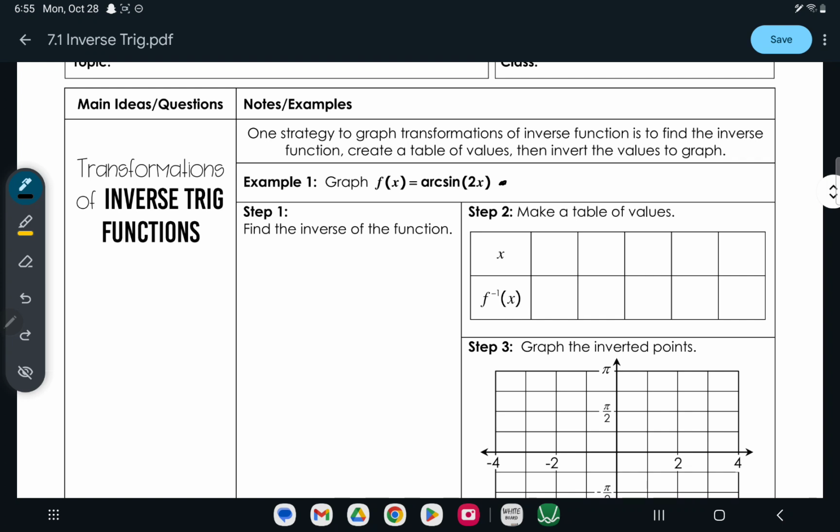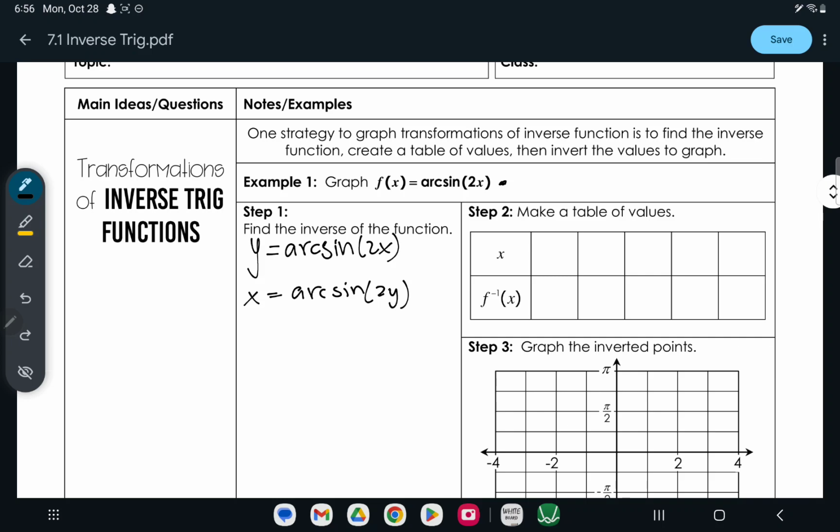And then we just switch the inputs and outputs. So the inverse of this, well, let's see. What we have is y equals arc sine of 2x. To find the inverse, you switch x and y, and then solve for y.